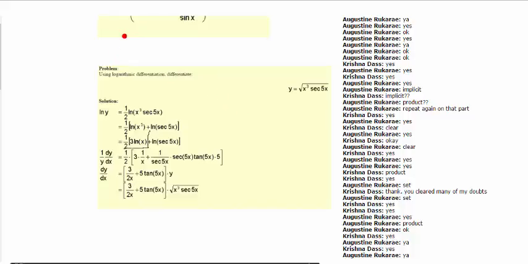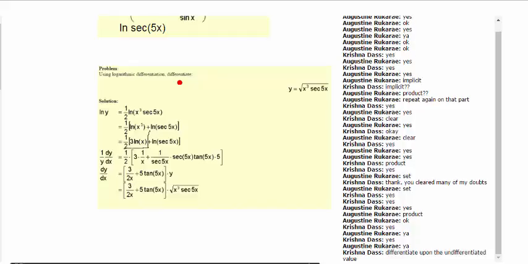If I have to differentiate ln secant 5x, the rule says that the differential part will be on top and the original function will go in the denominator, right? So when I differentiate secant 5x, I'm just talking about secant for now, because there is a function inside it, 5x, which we have to treat later on.